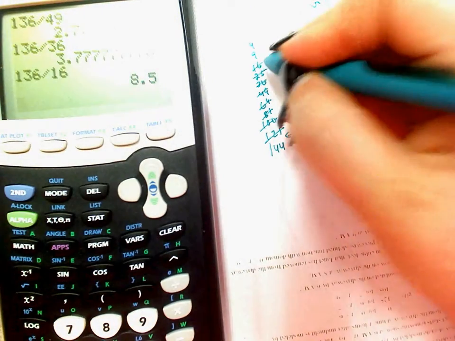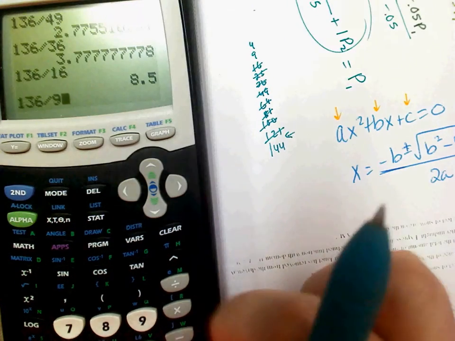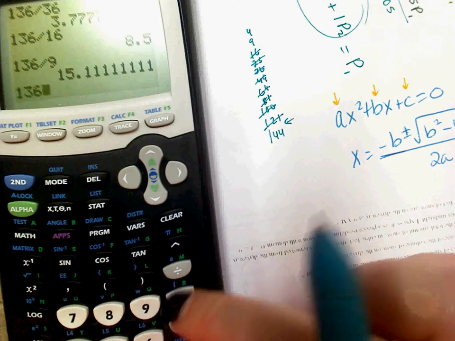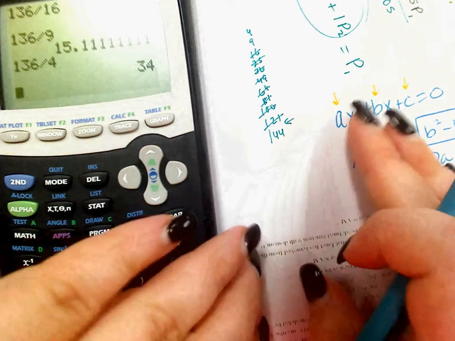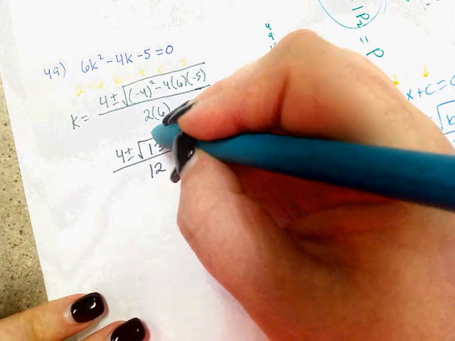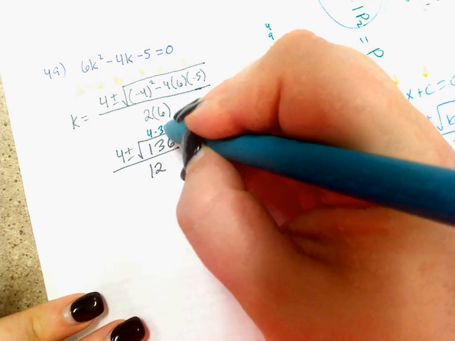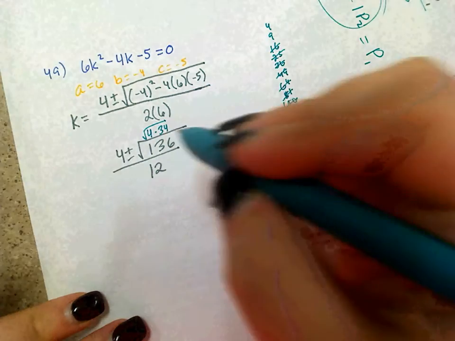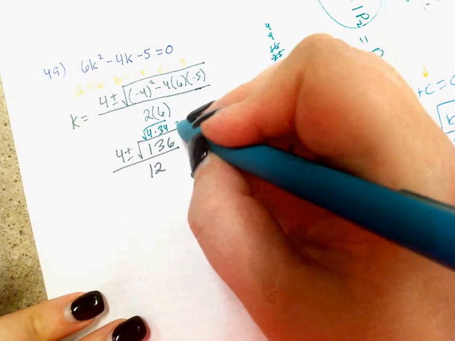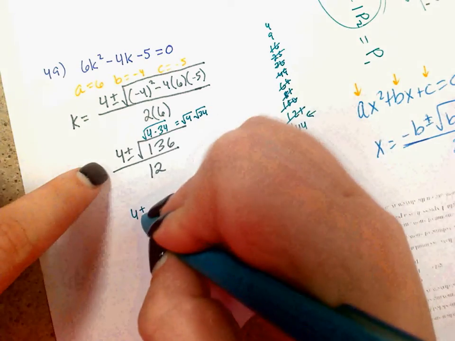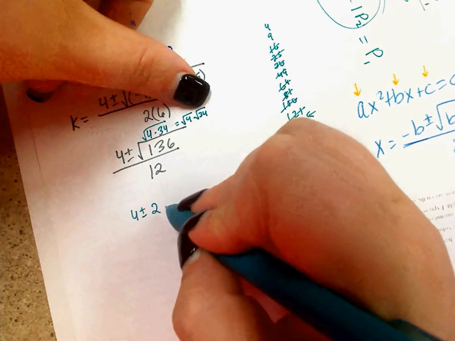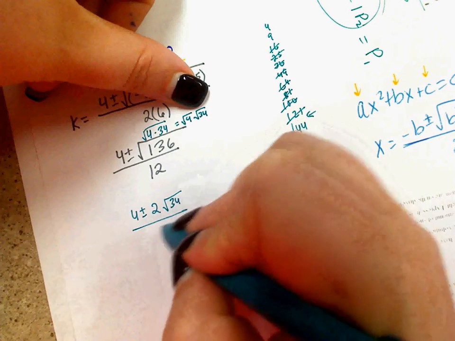Okay, 136 divided by 9. Nope. And 136 divided by 4. If it doesn't, then we're done. But it does. So what I know is that this is the same thing as 4 times 34. And the square root of 4 is 2. So I've got 4 plus and minus 2 square roots of 34 divided by 12.